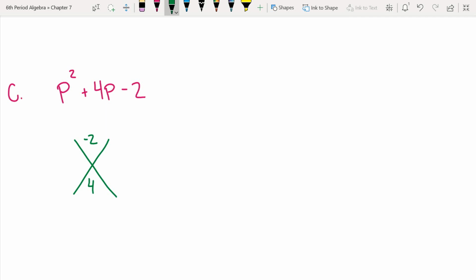Because for -2, the only options I have would be -1 and +2, or sorry, -2 and +1. And if I add any of those factors, -1 plus 2 is 1, -2 plus 1 is -1. Neither of those work. That is not getting me what I want. And there's no other option, which means this is not factorable.